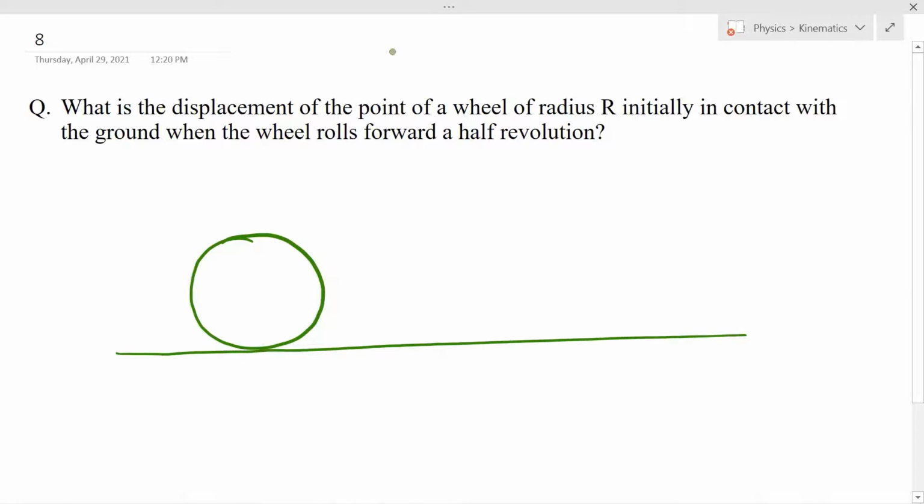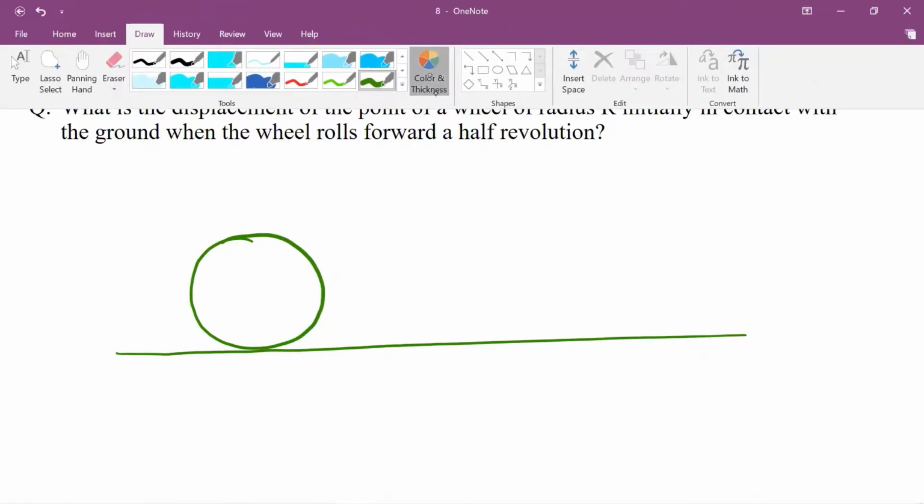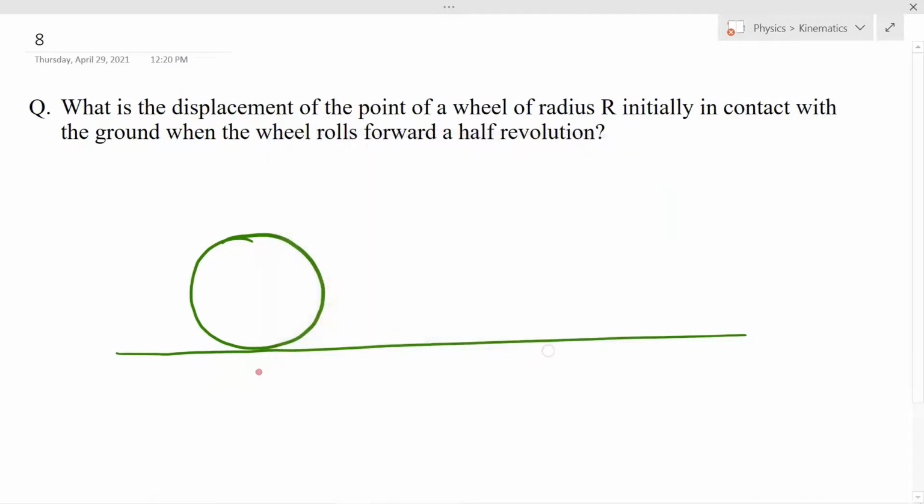So this is the point which touches the ground, and the radius is r. So what is the displacement of the point of a wheel of radius r initially in contact with the ground when the wheel rolls forward a half revolution?